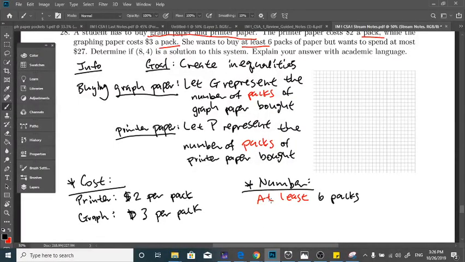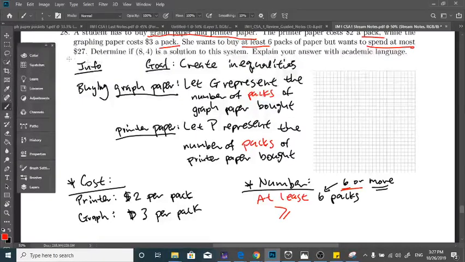So at least means equal to 6 or more. So 6 or more. More would mean greater. So we can put the greater than symbol. And then 6 or means that we are including 6. So we get this.